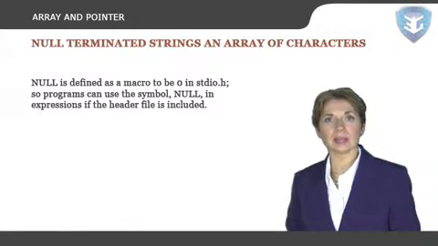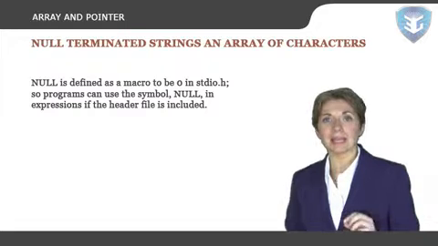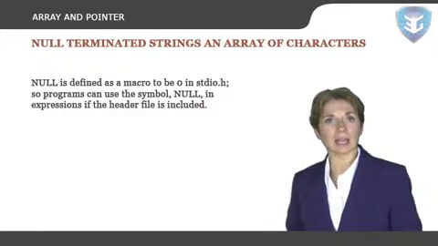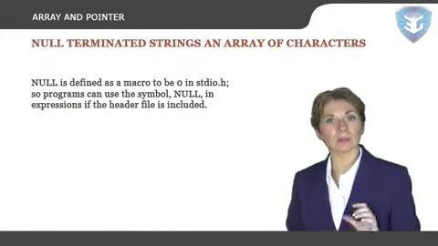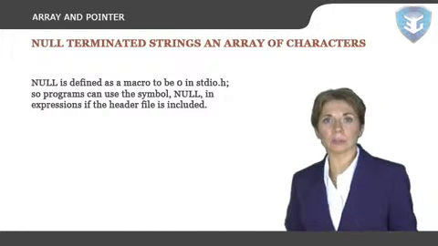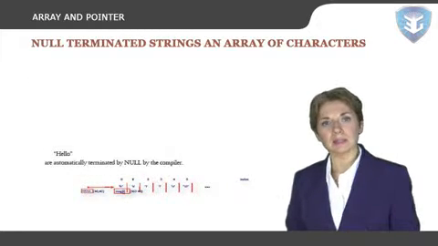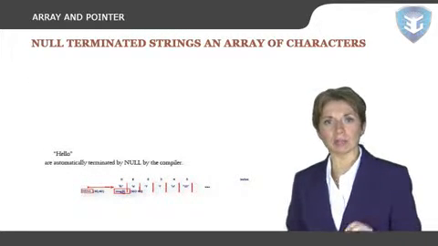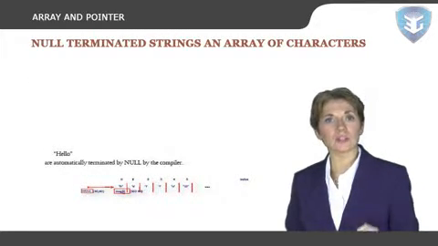NULL is defined as a macro to be 0 in stdio.h, so programs can use the symbol NULL in expressions if the header file is included. The remaining elements in the array after the null may have any garbage values. Let's now take a look at termination by null by the compiler as shown on the screen.